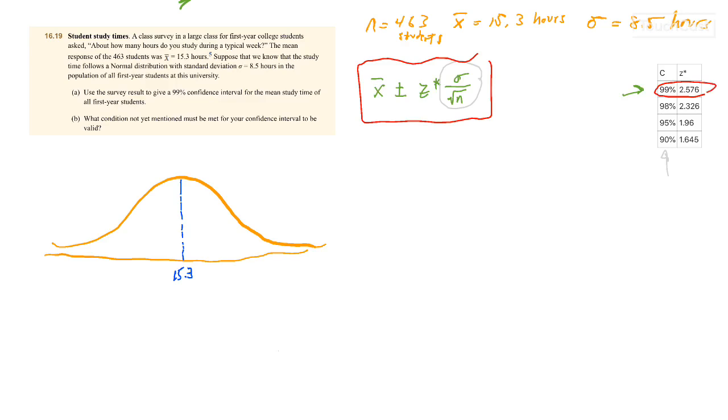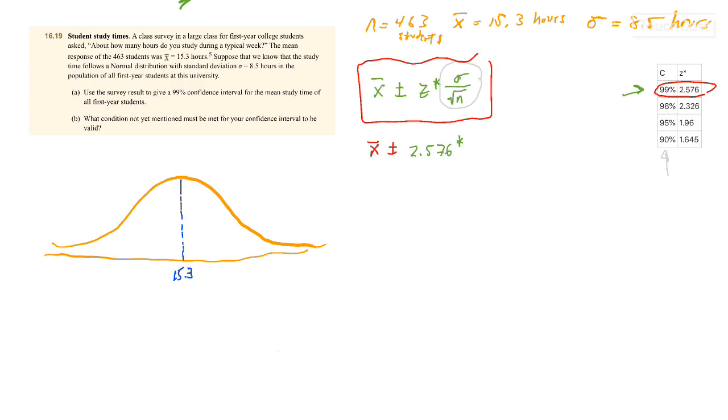So that's my z, and I can write this as x bar plus or minus my z-score for my confidence interval, which is 2.576, times the data that was given at the very beginning.